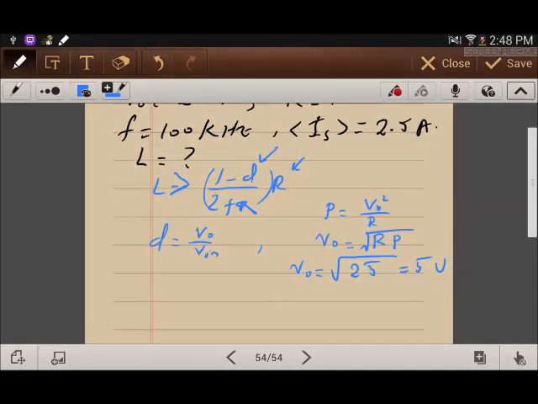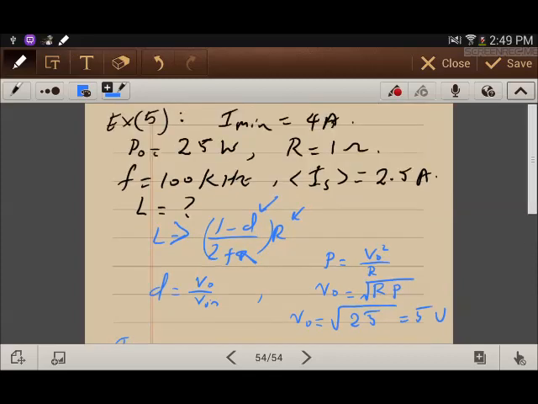But this is not enough to find D. I can find D by using either the maximum value or the minimum value of the input current. So I will use the minimum value current since I have it in this question.